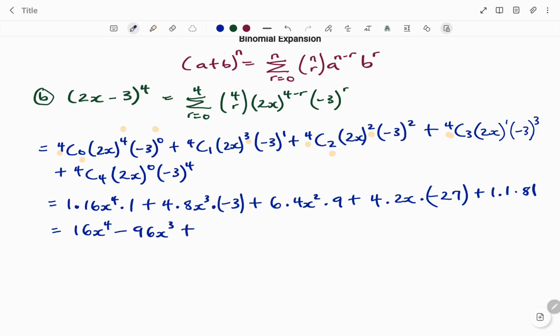Then I have plus 6 times 4 times 9 will give me 216 x to the power of 2 minus, that's 4 times minus 27, that's minus 216 x plus 81.